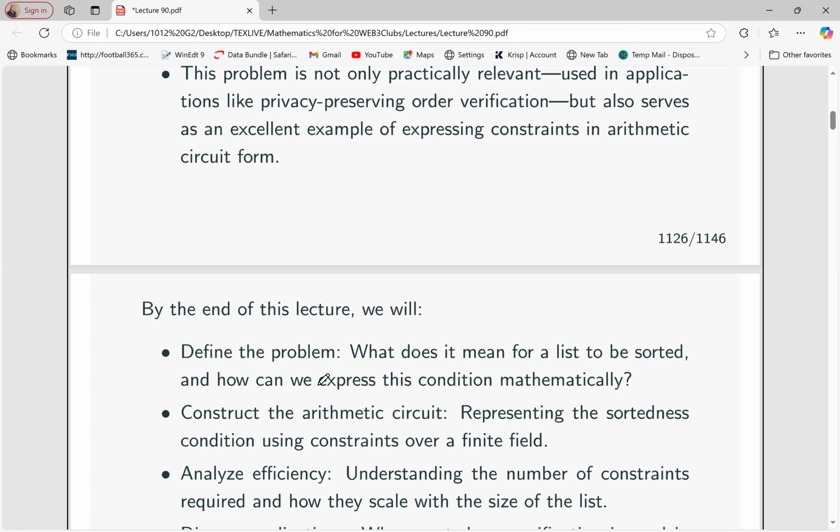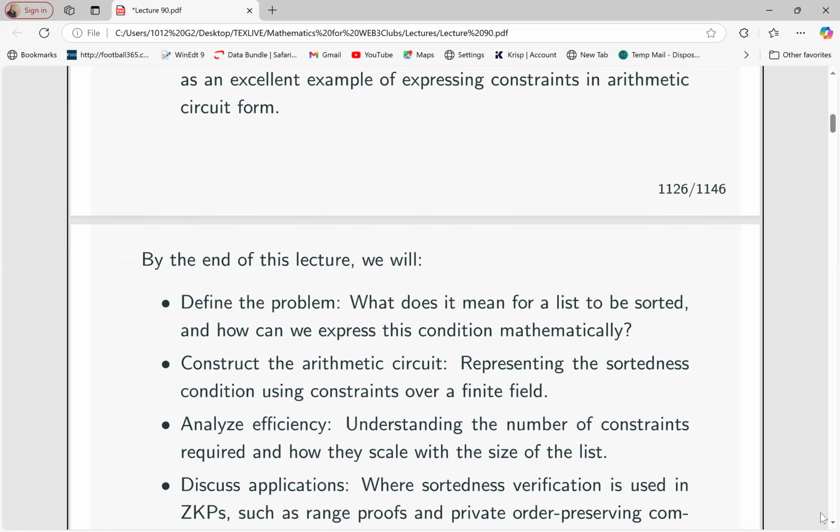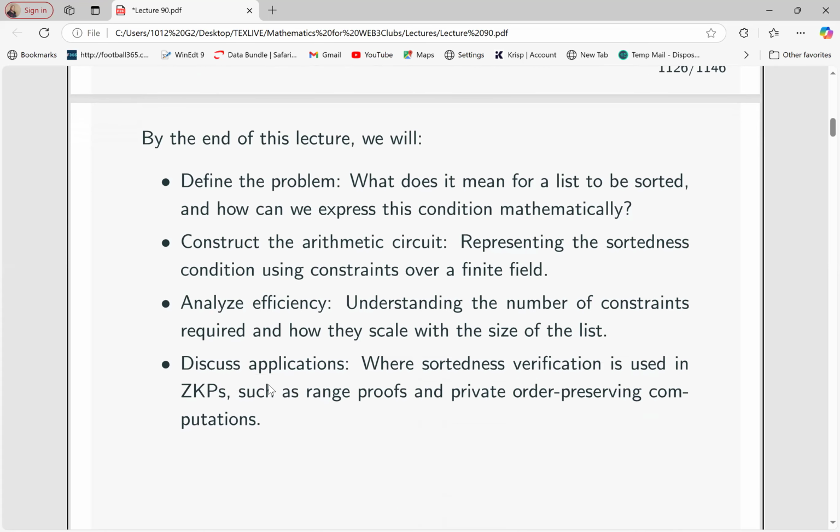The other thing is we're supposed to know how to construct an arithmetic circuit for sorted lists. Then you're supposed to analyze efficiency, that is, understanding the number of constraints required and how they scale with the size of the list. Finally, you must know how to discuss applications, that is, where the knowledge of sorted list verification is used in ZK proofs.